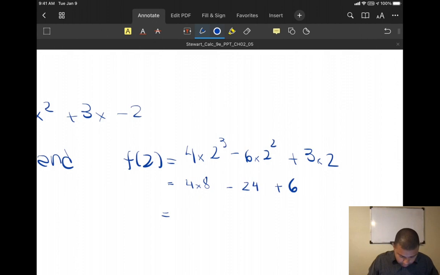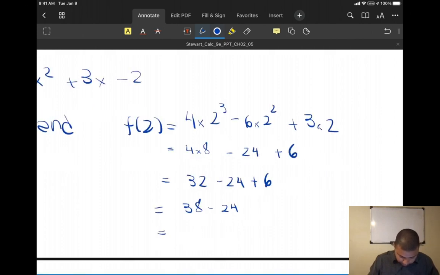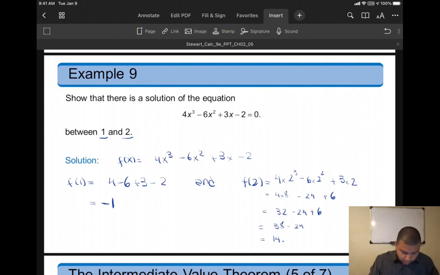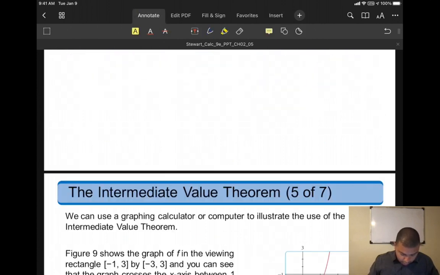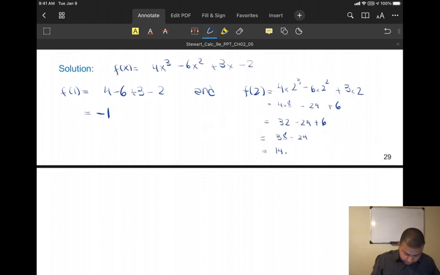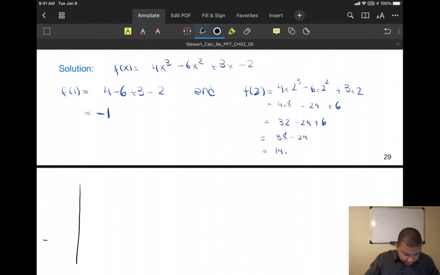So that's 32 minus 24 plus 6. So that is 38 minus 24, so that's positive 14. Okay. How does that help me? Let me add a page just so I can conclude the idea. I'll graph it, but in general, you don't have to graph to conclude if you're using the intermediate value theorem. So here's what I know.